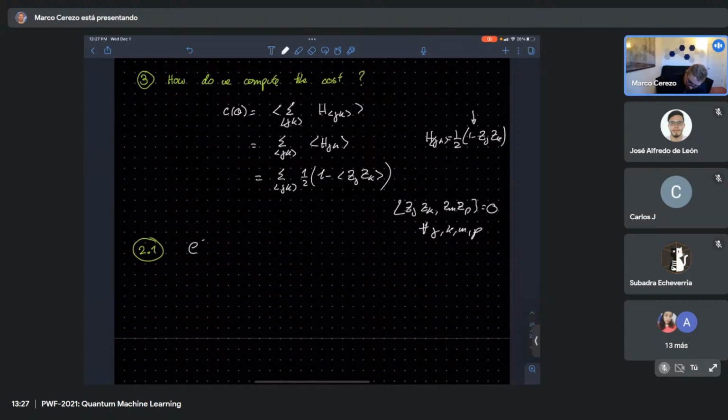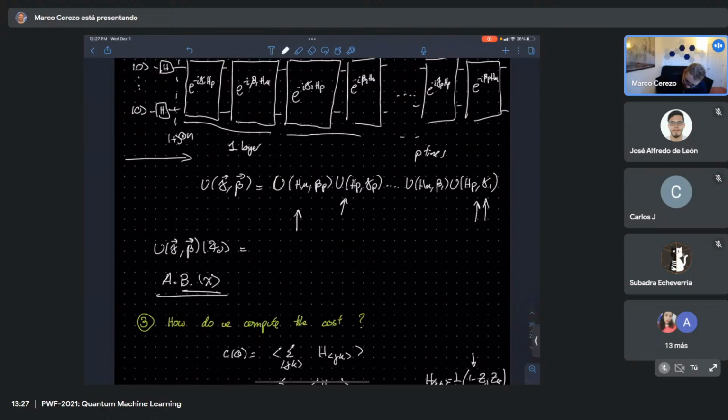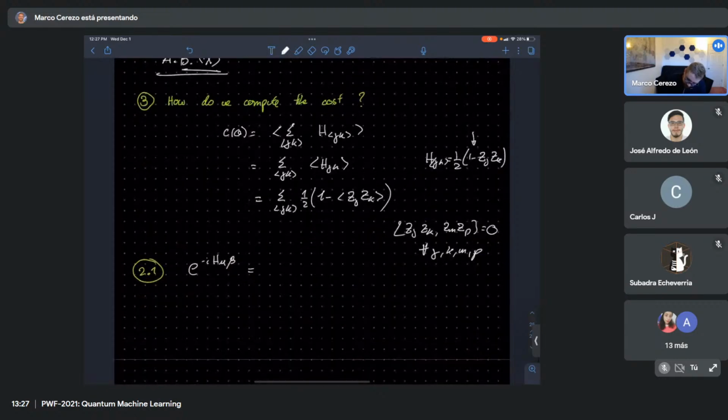So first, let's do e to the minus i H_mixer with some parameter beta. I believe that's beta, yes. So this is e to the minus i beta times the summation over i of X_i. What do all the X_i have in common? X_i X_j commutator equals 0 for all i, j.